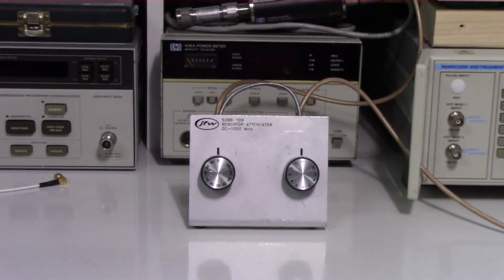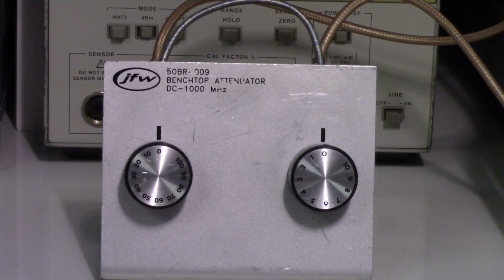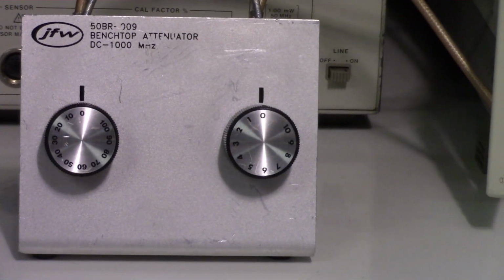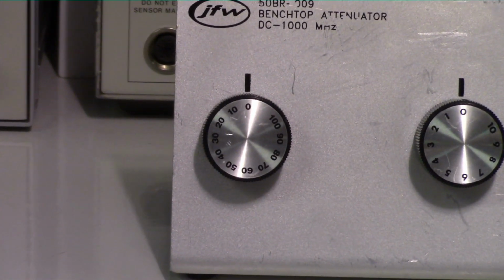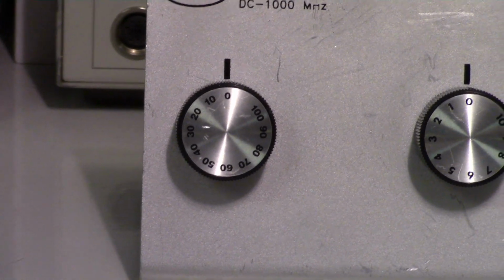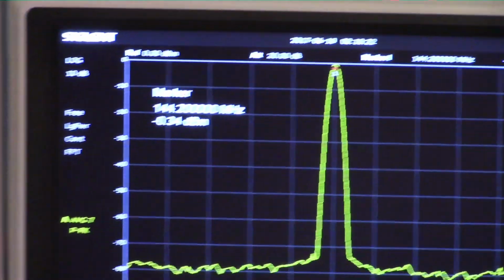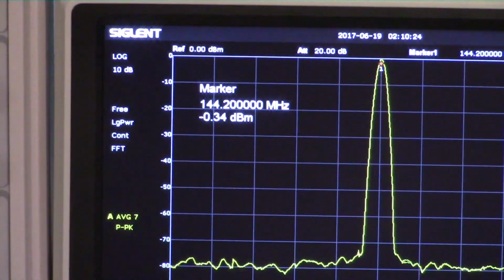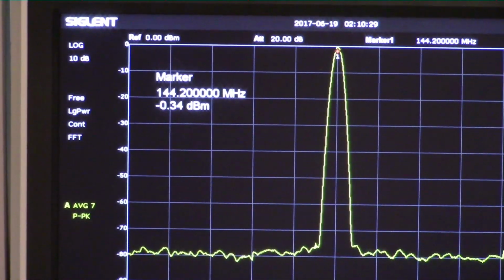I've got it going into a step attenuator where I can vary the attenuation in 1 dB steps, and also in 10 dB steps. The output of that goes up into a spectrum analyzer, where I am verifying the amplitude and accuracy of not only the RF signal generator but of the step attenuator that we're going to be using.